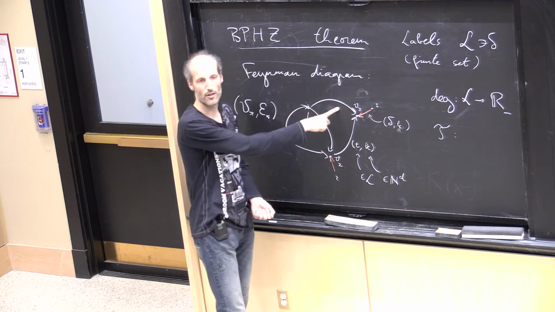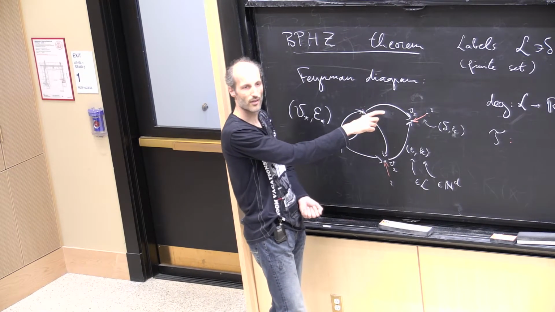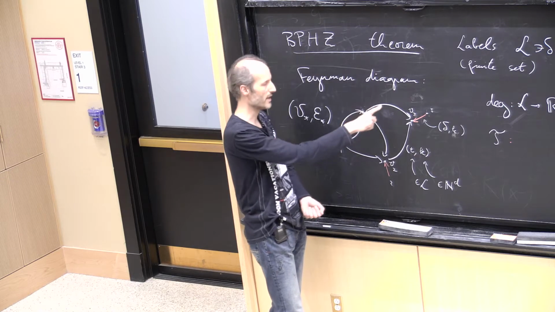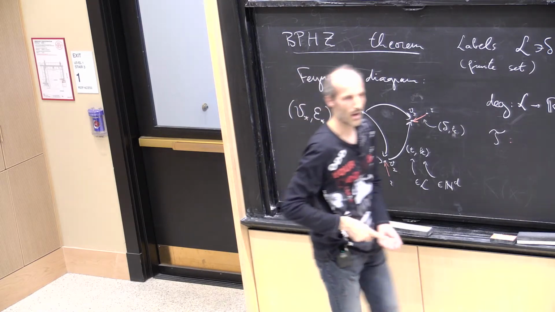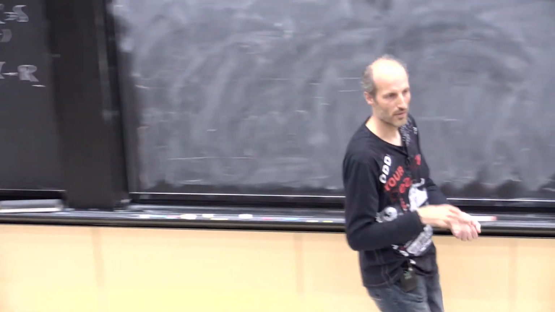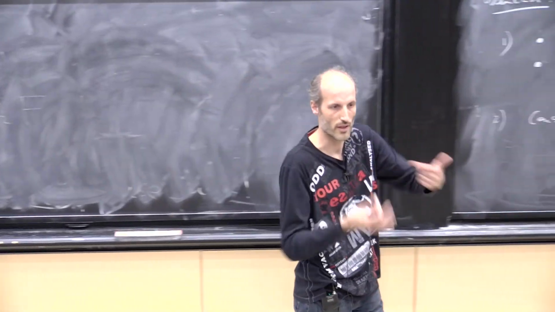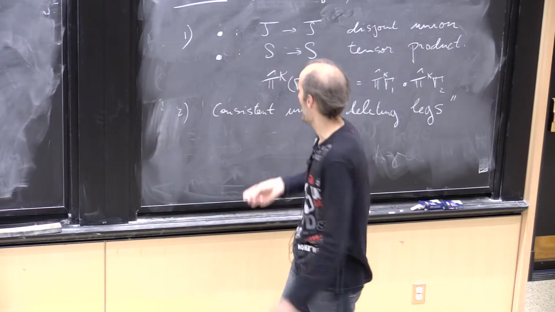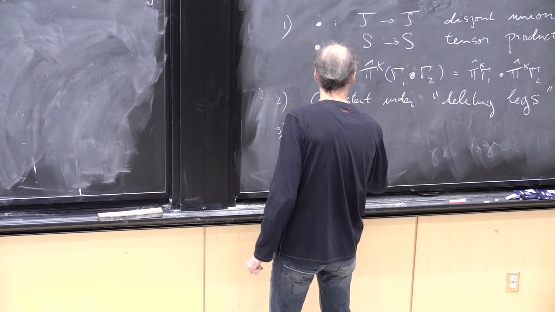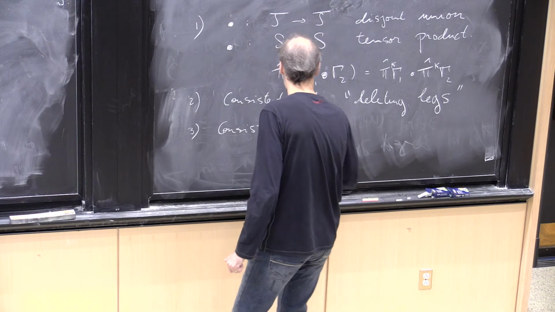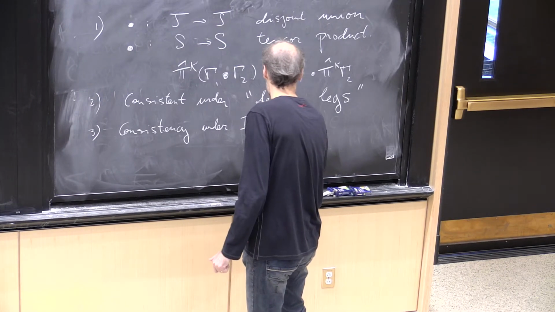If one of these kernels happens to be a derivative, then I could integrate by parts with respect to that variable and hit the derivative on the remaining 3 kernels. And then you would want to get the same answer, because the integral should not change if I do an integration by parts. And so you want consistency under integration by parts.